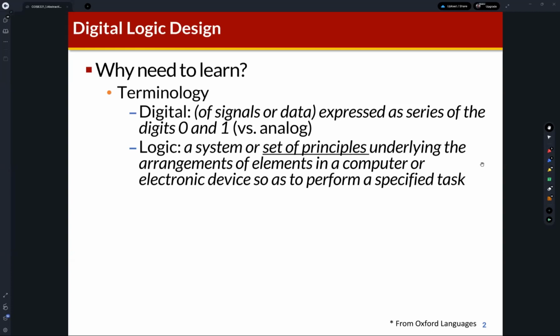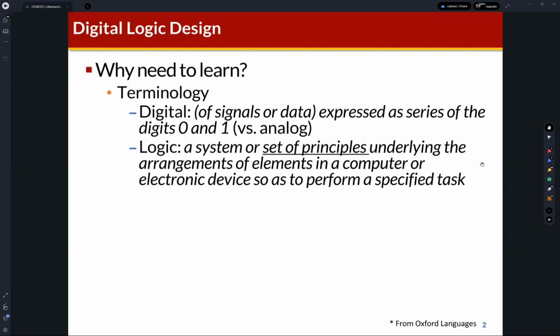In the previous class, we learned why we need to learn digital logic design. As I mentioned, most of you are computer engineering or computer science students, so I believe your interest is in computer programming, how to make good software. But as a computer engineering student, you need to understand every aspect of computer systems.